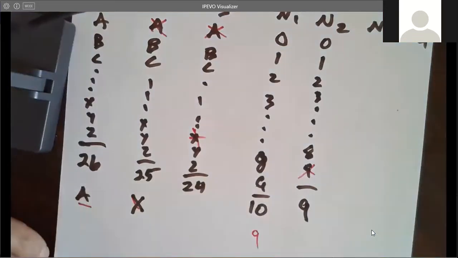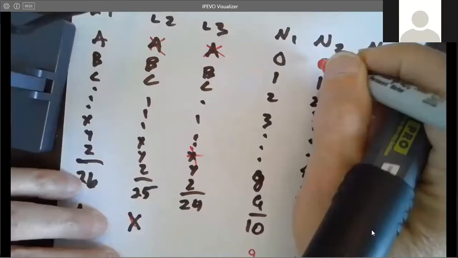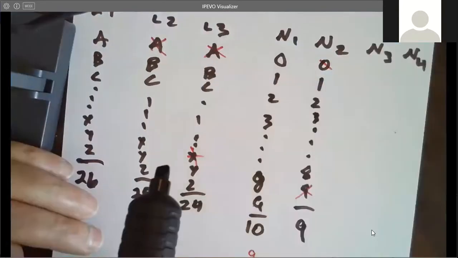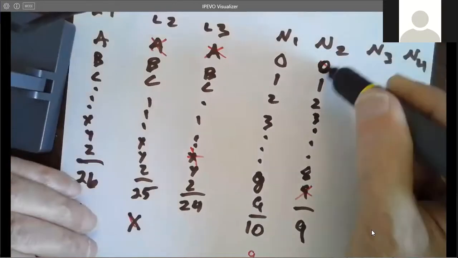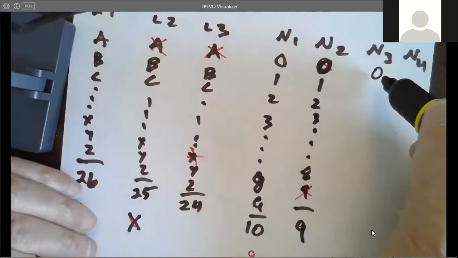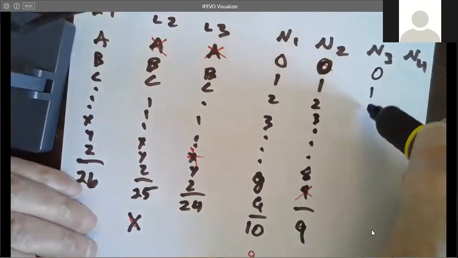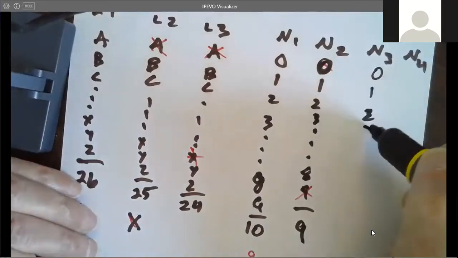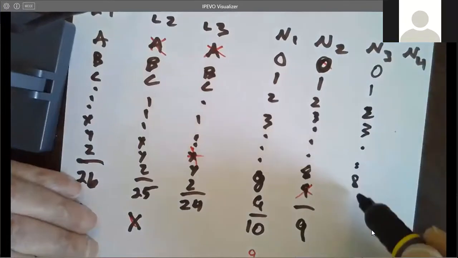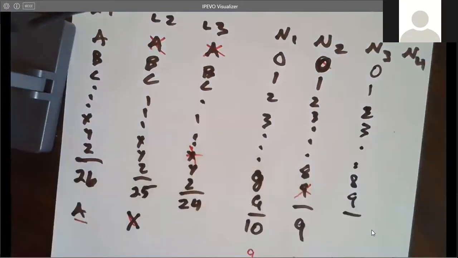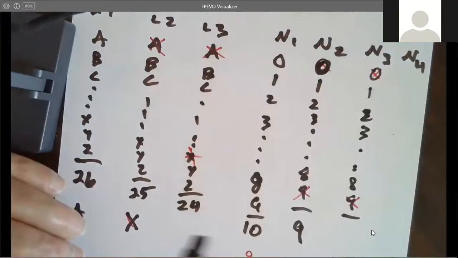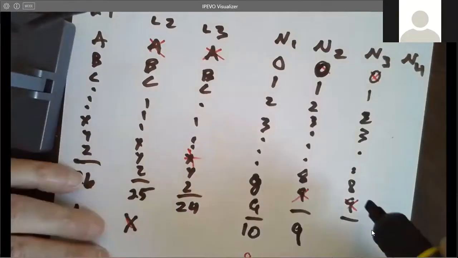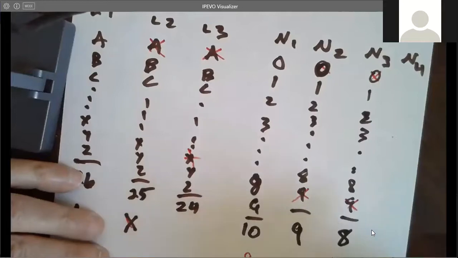So now this time, let's say we choose a 0. Well, if 0 is used, then 0 can't be used again, and 9 can't be used again because those were already taken. 9 can't be used and 0 can't be used. So that means there's one less, so there's only 8.